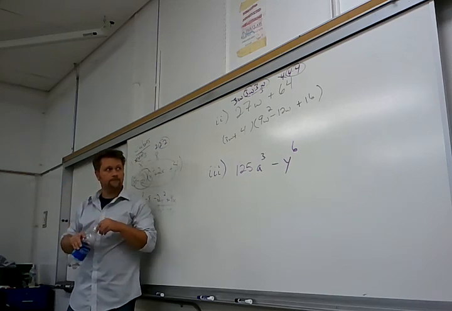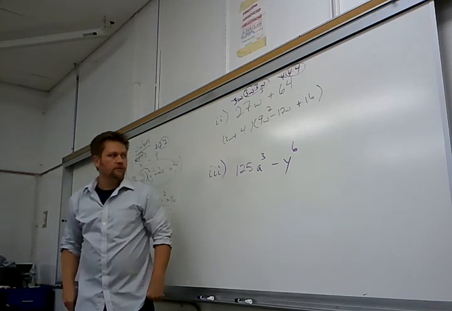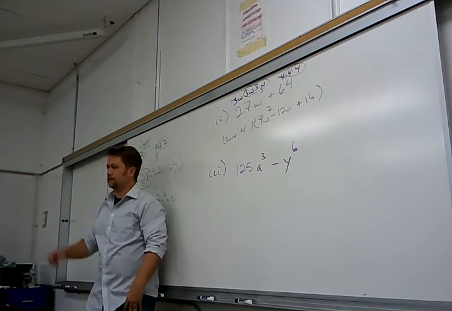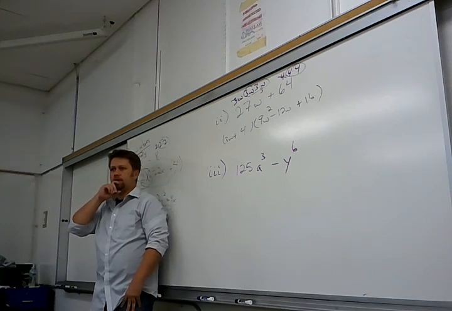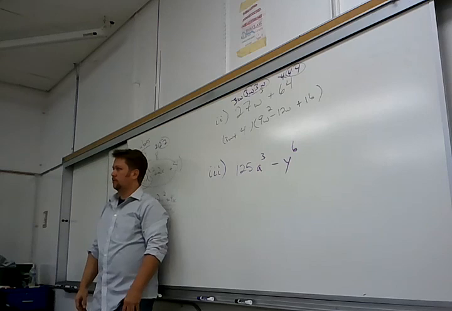Let's see. 125's got to be a number multiplied 3 times to get it. So just to help you out a little bit, 125 you break into 3 parts: 5, 5, 5. So it could be 5A, 5A, 5.